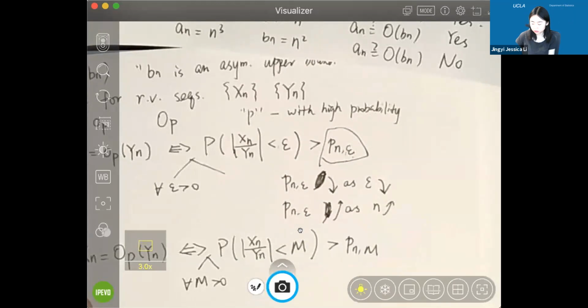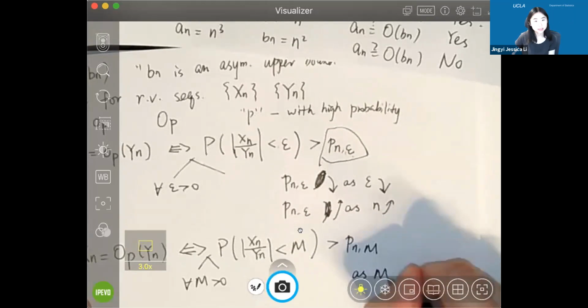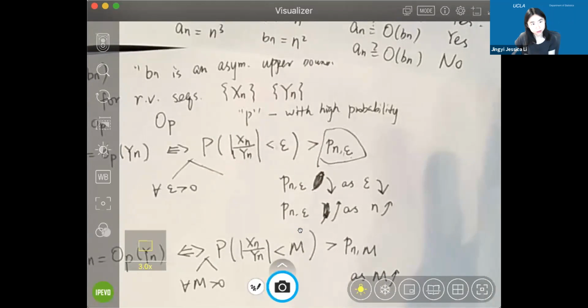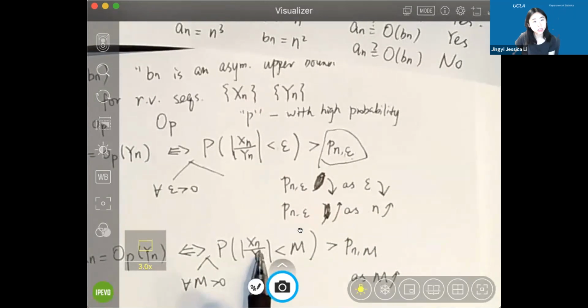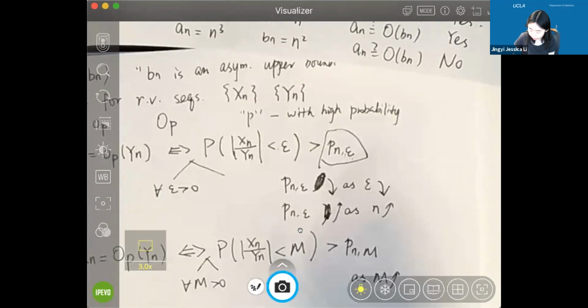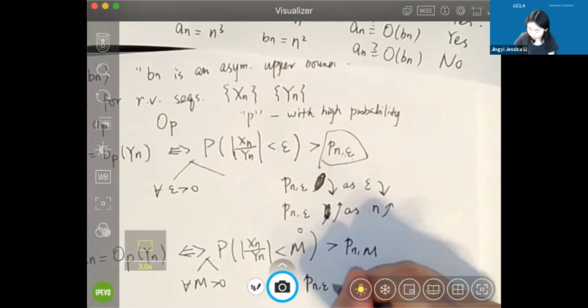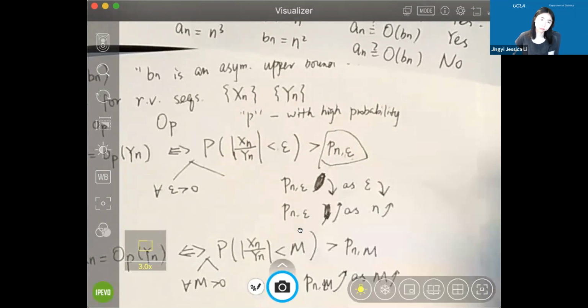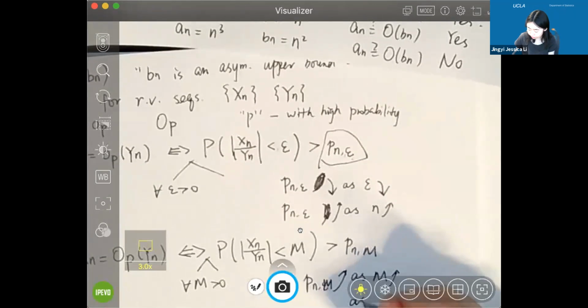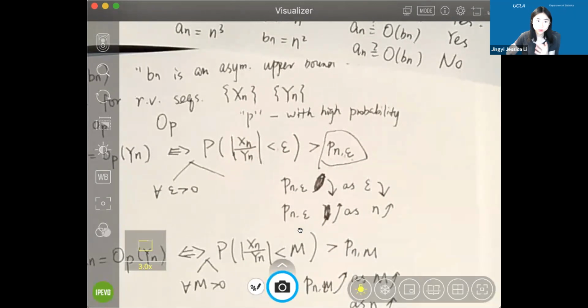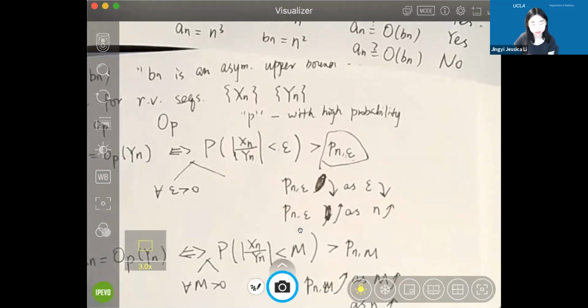So the same argument would apply. As M goes up, as the upper bound goes up, what happens? It's easier for this ratio to be under the upper bound, right? So therefore, the lower probability bound should go up. And also, as n goes up, we are doing better and better, so this ratio should be better controlled under the upper bound.